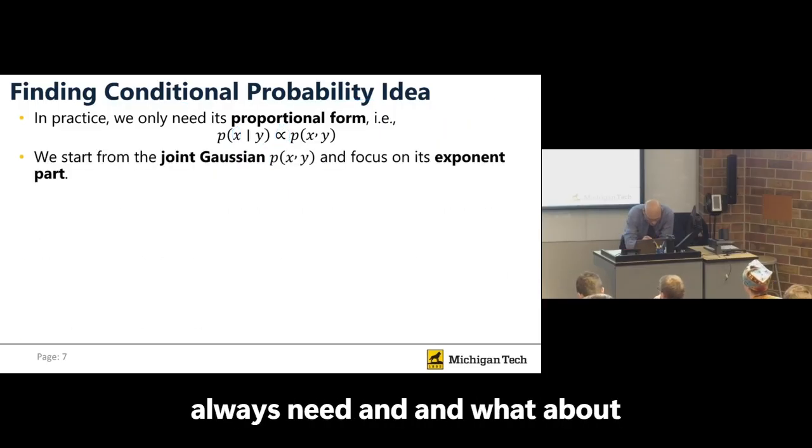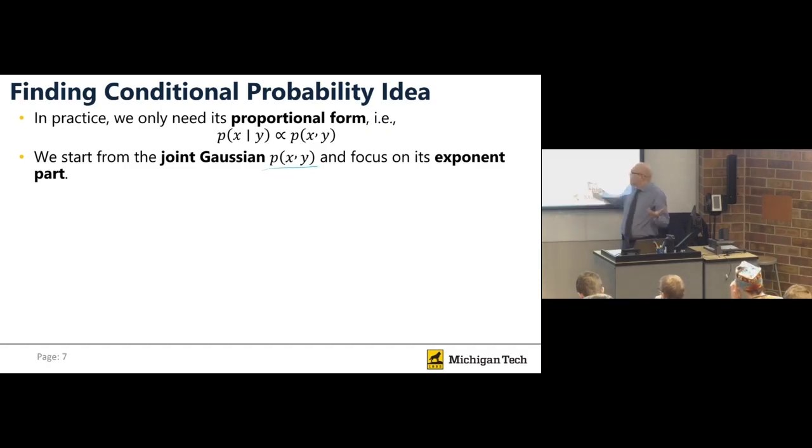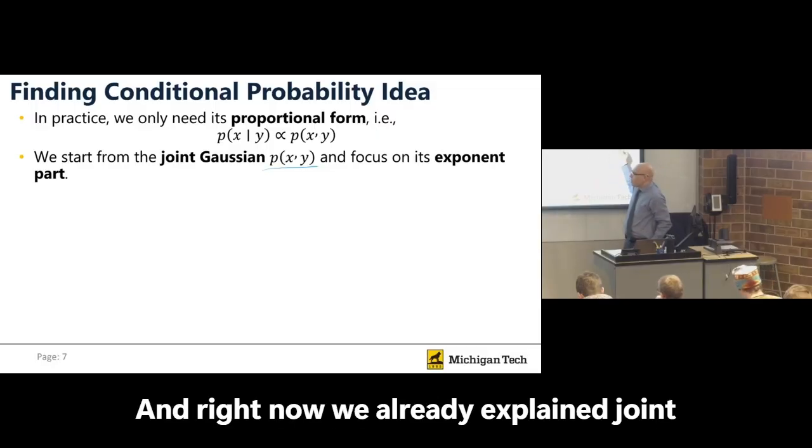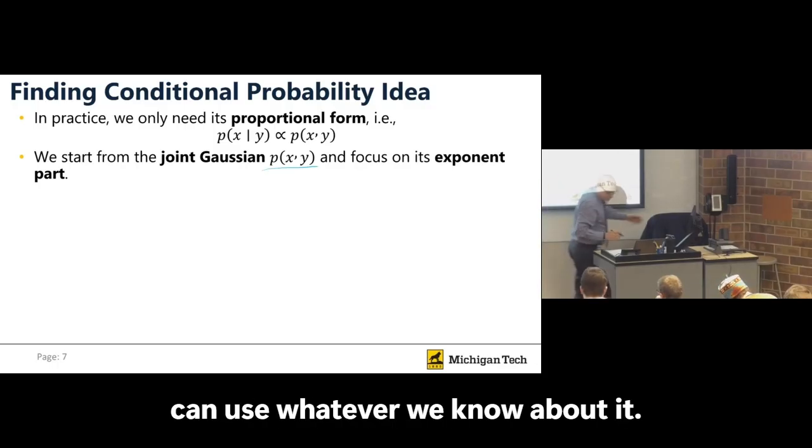And what about this? This is joint Gaussian. We already explained joint Gaussian, and we can use whatever we know about it.